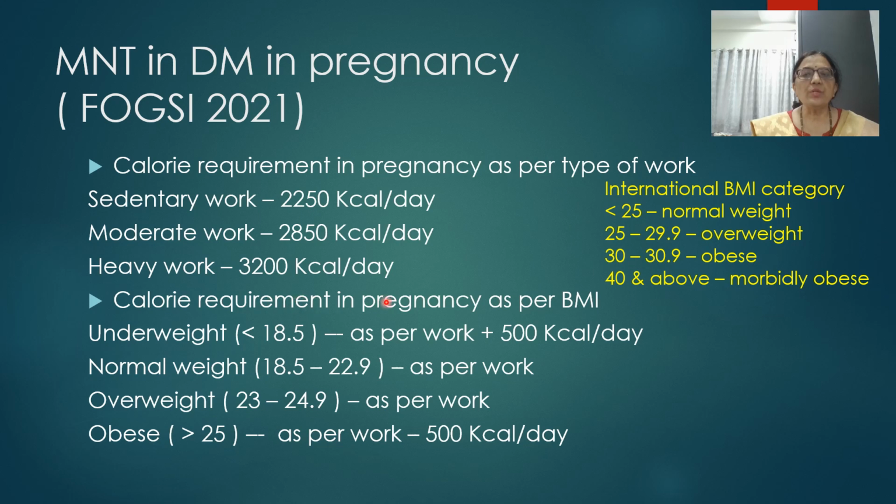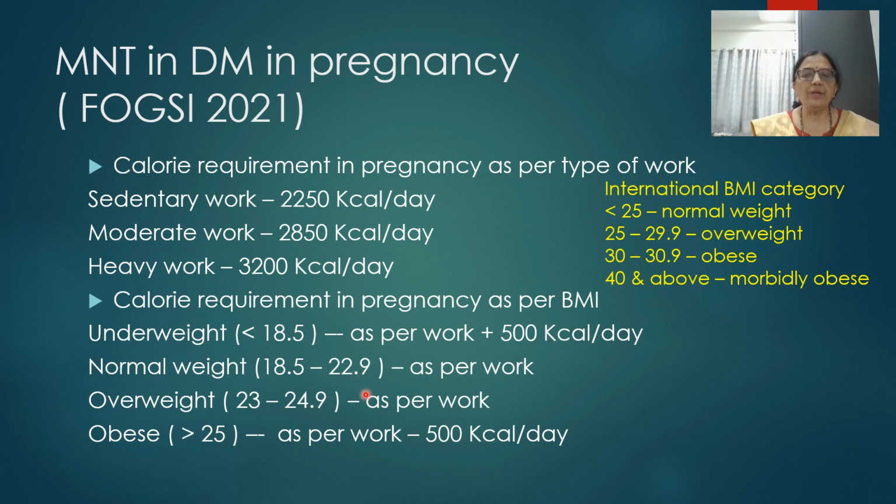Calorie requirement is also decided as per the woman's body mass index. For BMI, Indian standards have lower values. Underweight is less than 18.5 BMI, where calorie intake will be more. Whatever has been calculated as per work, say she has moderate work, 2850, another additional 500 kilocalories per day needs to be added.